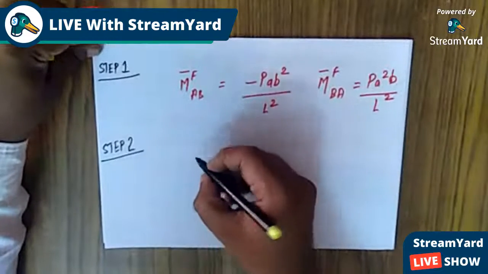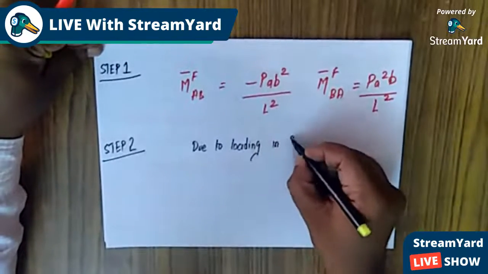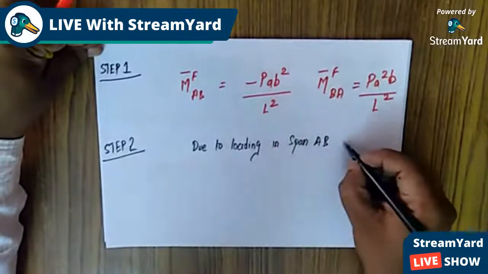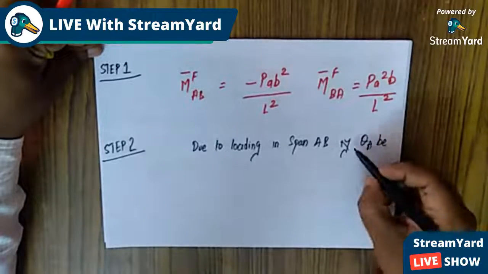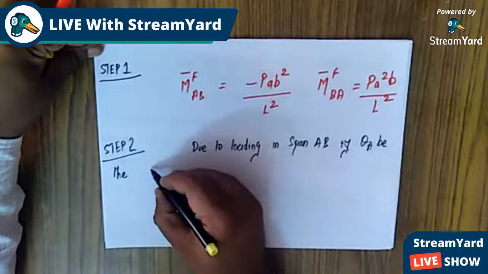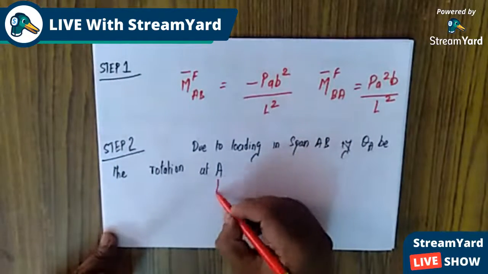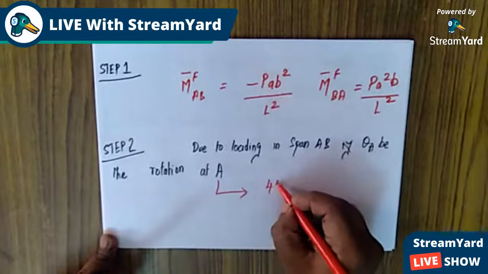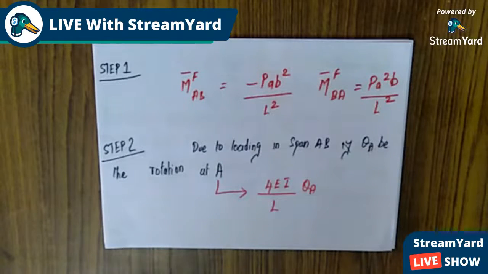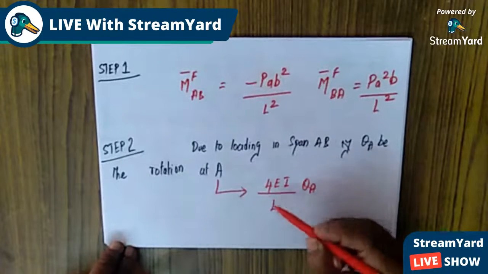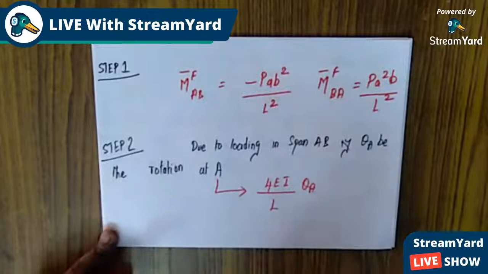Due to loading in span AB, if theta A is the rotation at joint A, then the moment developed at joint A will be 4EI upon L theta A. From the basics of structural analysis, we know that if a particular moment is developed at a joint, at the opposite joint of the same span some other moment, a carryover moment, will be generated.